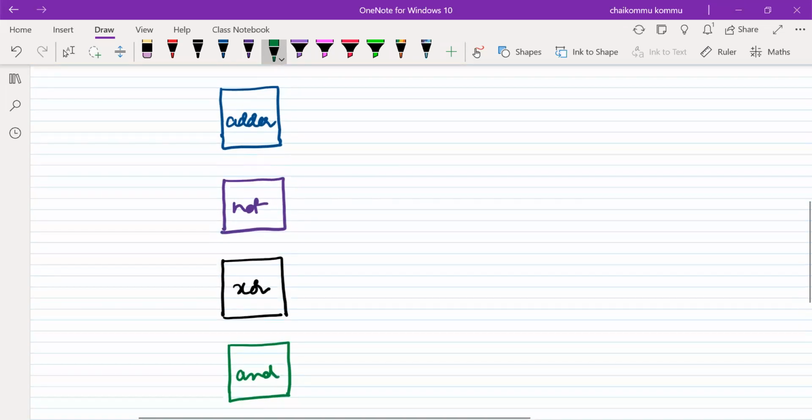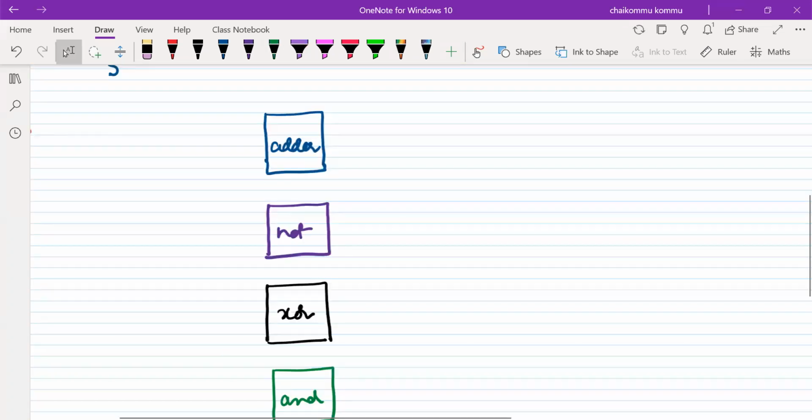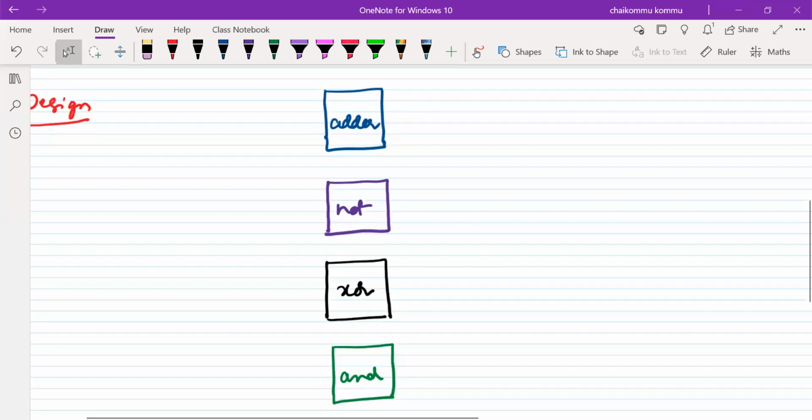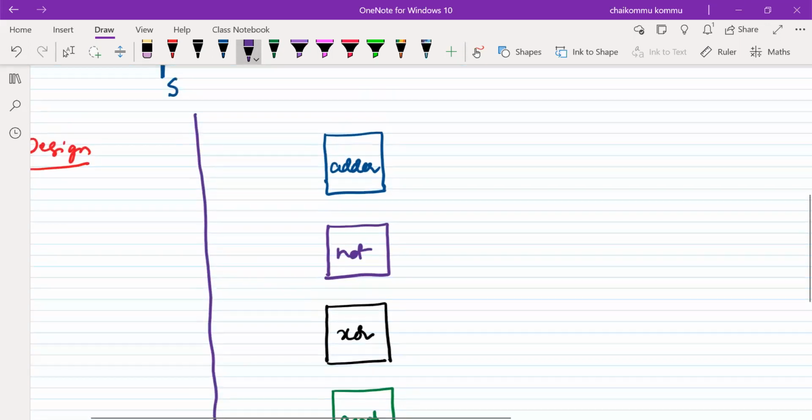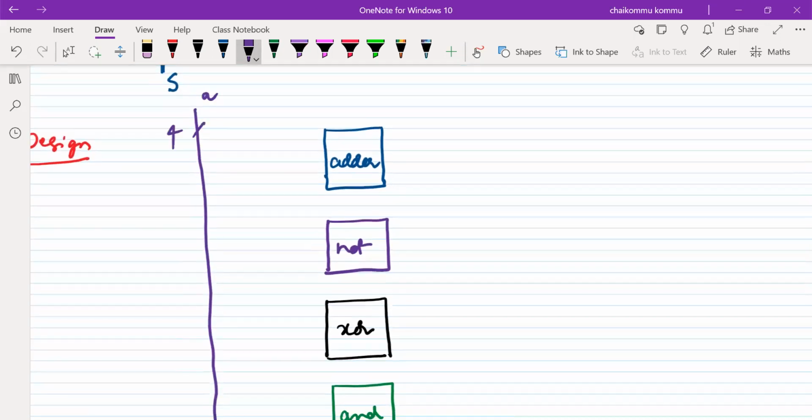Where the information is taken for these particular blocks, I'm going to use lines something like this. This is called A, of 4-bit size.